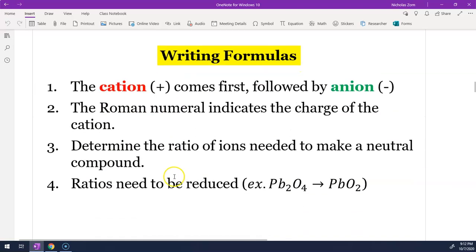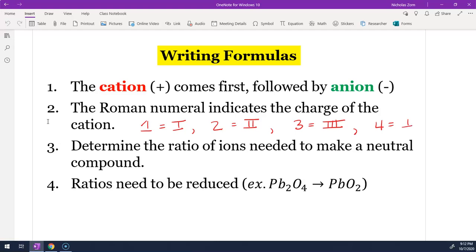All right. And when we go to write out our formulas, these are our rules. The cation comes first, followed by the anion. That's always the same. We're going to use Roman numerals to indicate the charge of the cation. So if you're not familiar with Roman numerals, 1 is written as just I, 2 is written as 2 I's, 3 is, you guessed it, 3 I's, and then when we write 4, 4 is, of course, an exception.